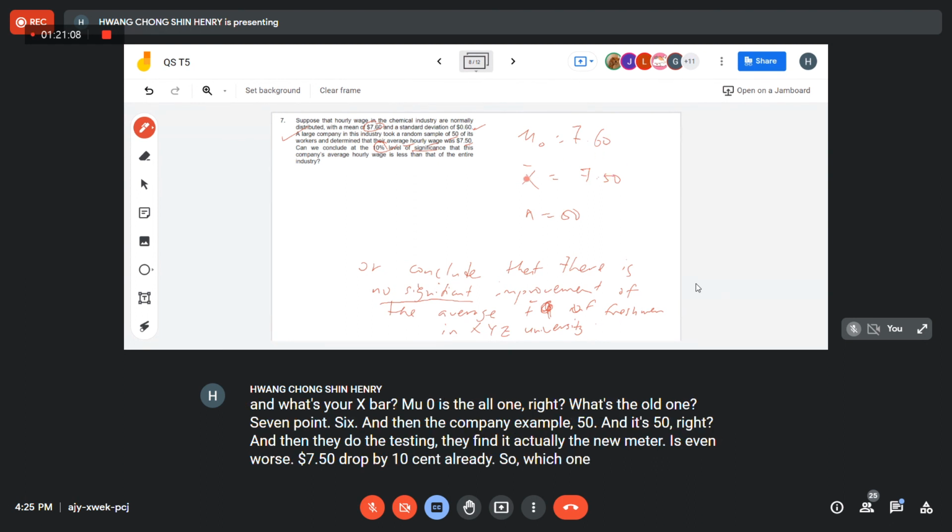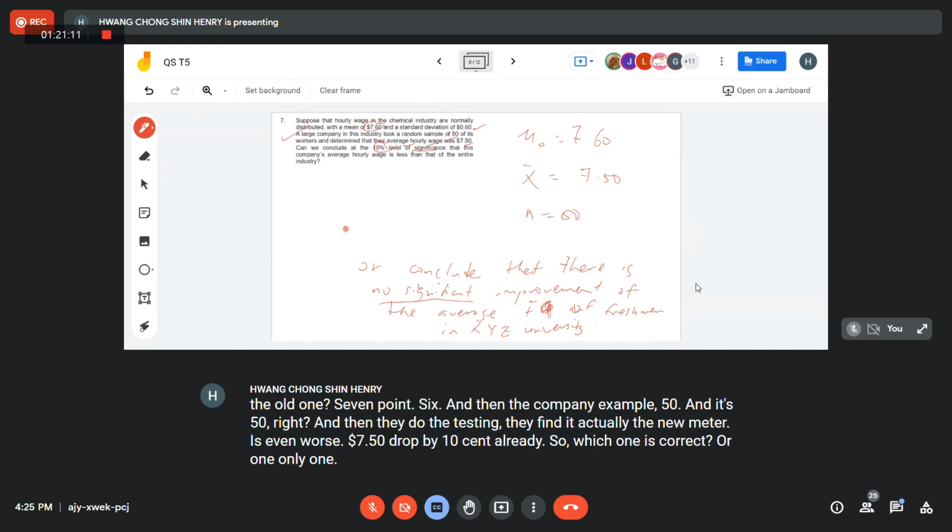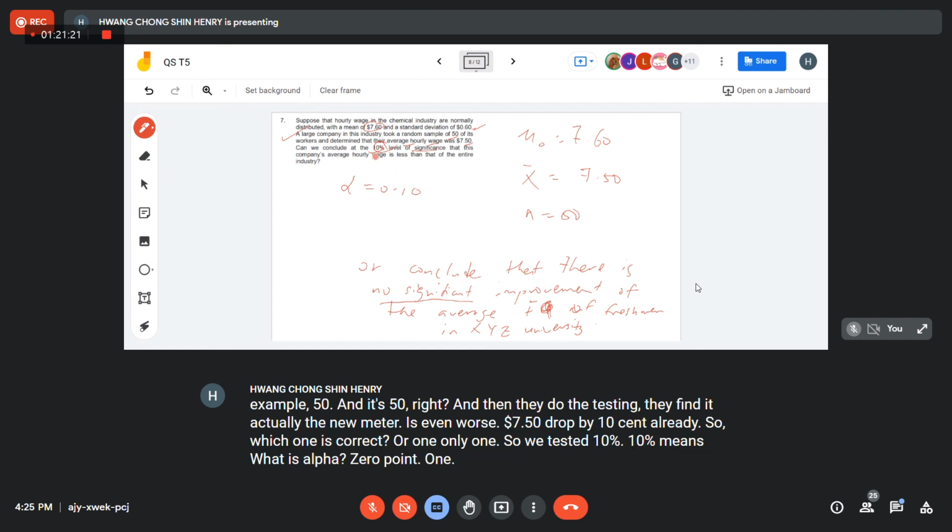So which one is correct? Old one or new one? So we test at 10%. 10% means what? What's the alpha? 0.1. Remember? 10%, 0.1. So is this two tail or one tail?